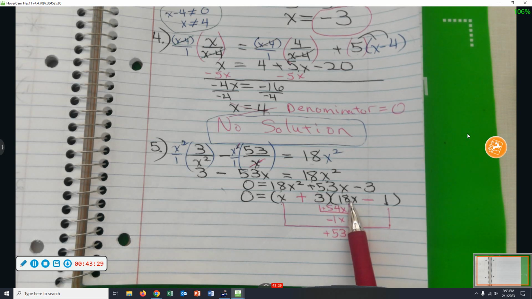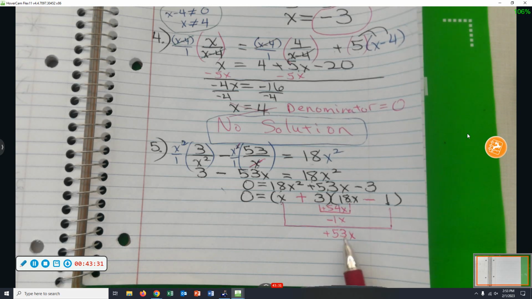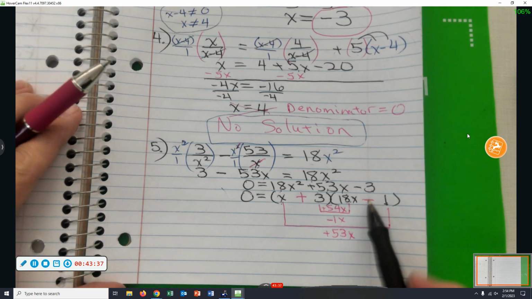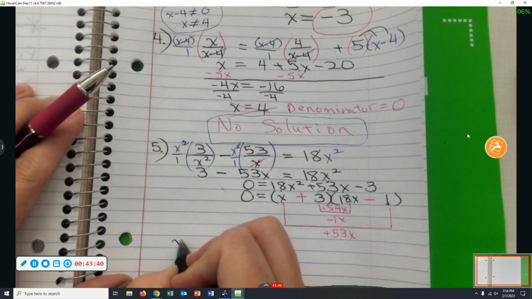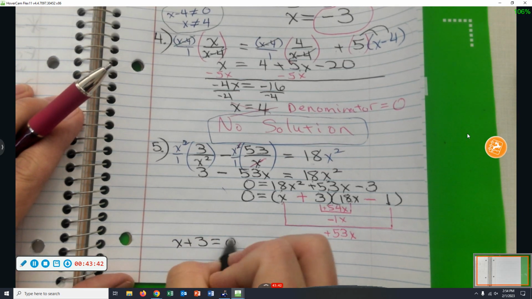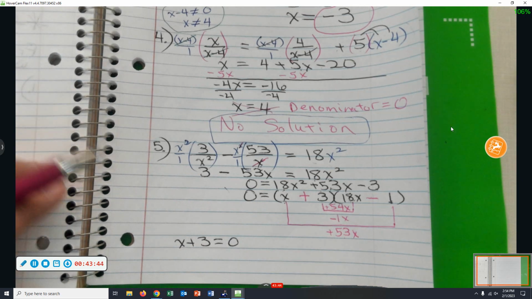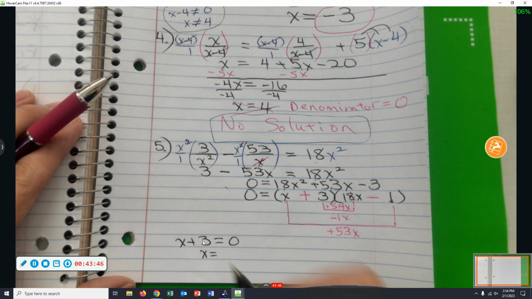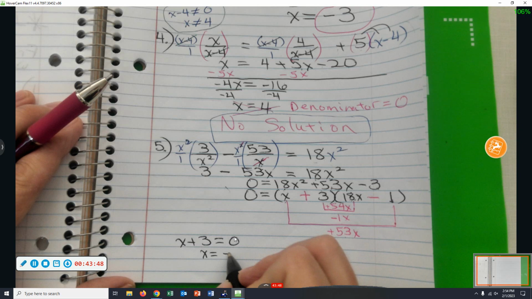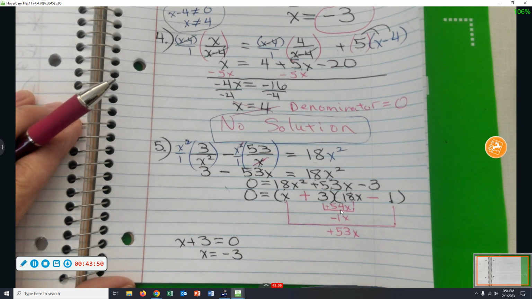That's a positive 54x minus 1x, which gives me a positive 53x. So, set each factor equal to 0. x plus 3 equals 0. That means x equals negative 3. That's the first one.